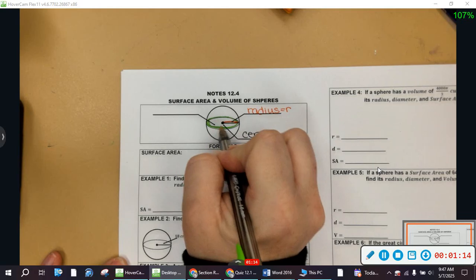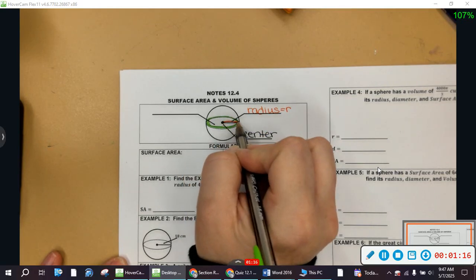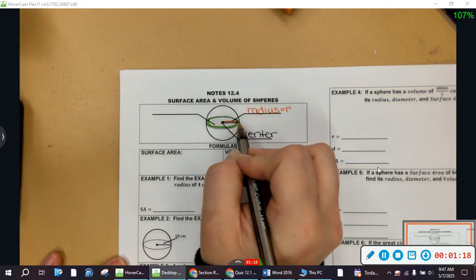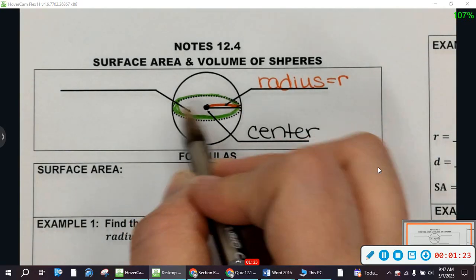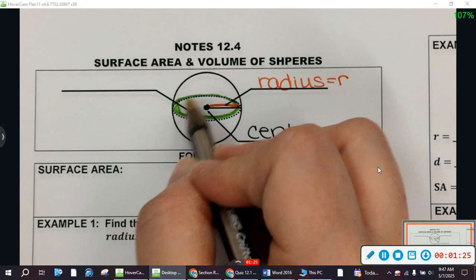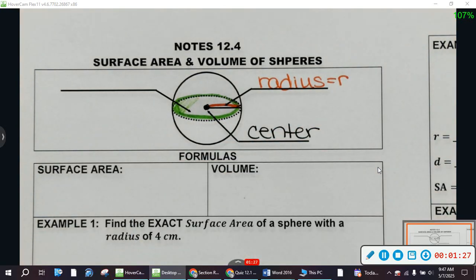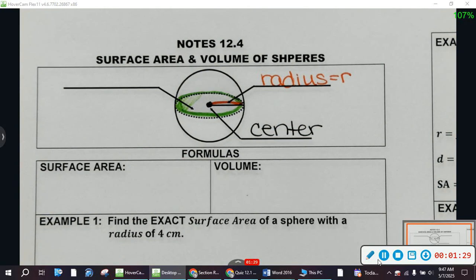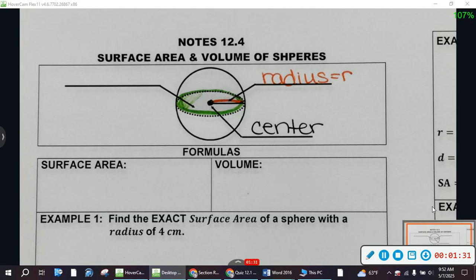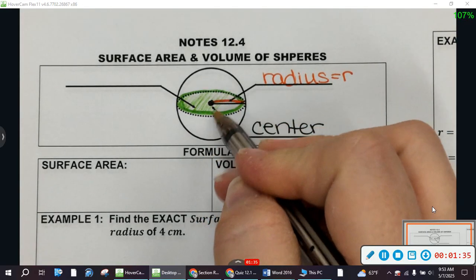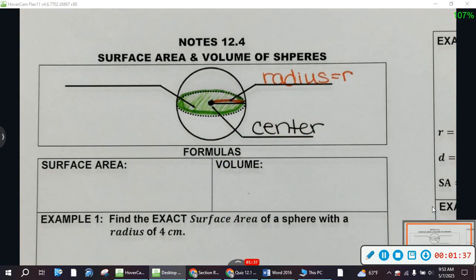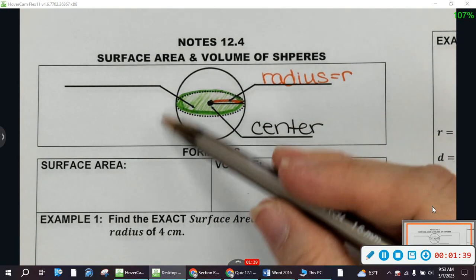Notice that's going through the center, so it actually ends up going through the full diameter. This shaded part right here is a slice of the sphere.